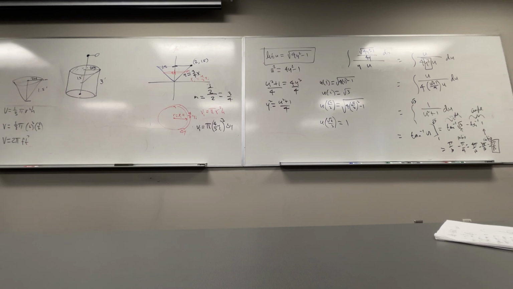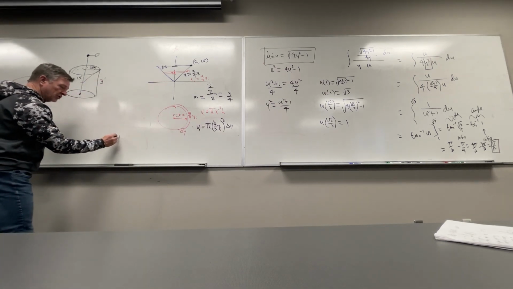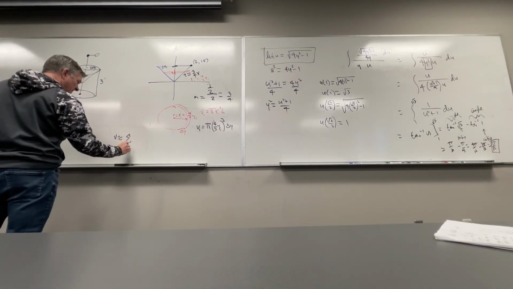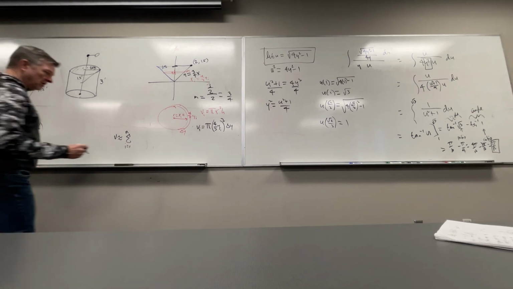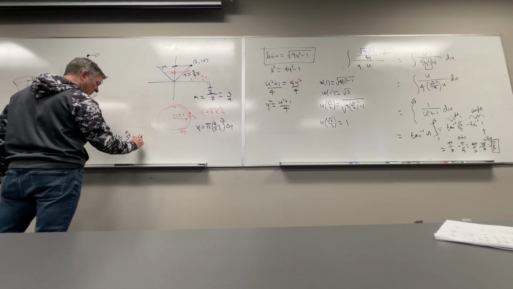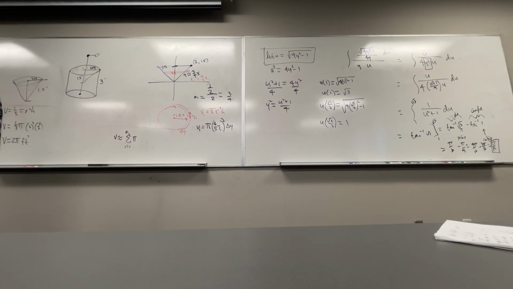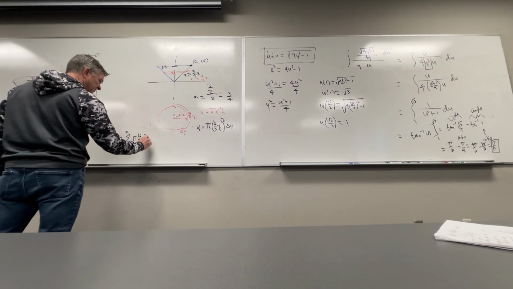Okay. Now, that's one. If I stacked a bunch of them, I could approximate the volume of the whole thing, right? So the volume of the whole thing could be approximated by adding up n of those disks stacked from bottom to top. Okay, so pi. I'm going to go ahead and call that 16/9 y sub i squared, delta y.